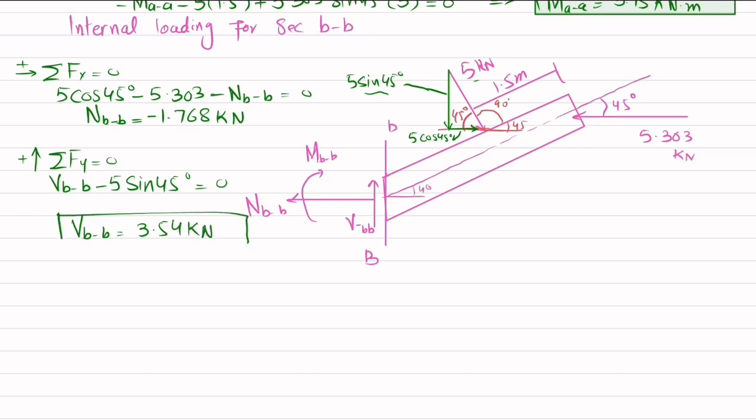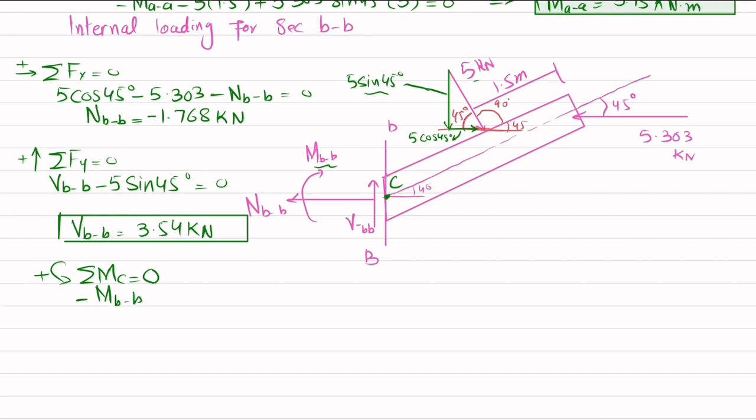And the last thing is the moment MBB. For that we will apply the equation of equilibrium, that the sum of all moments about point C is equal to 0, taking the counterclockwise moment as positive. So this was your point C. About point C, the external moment is MBB, which is clockwise, so I will write minus MBB.